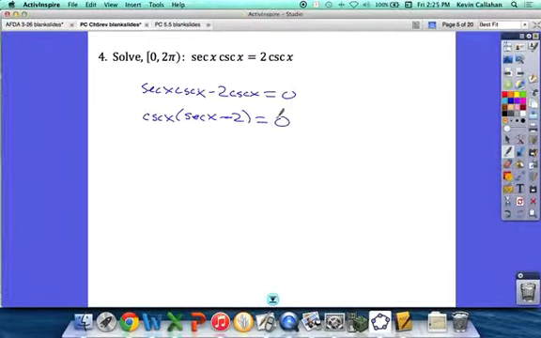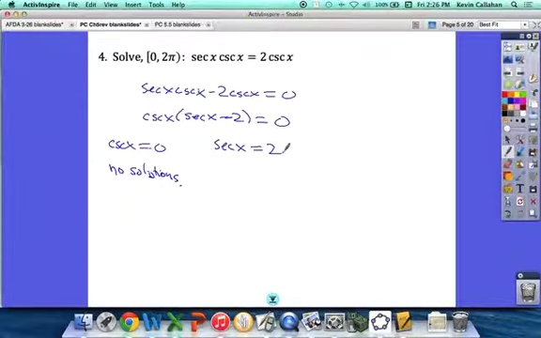Now at this point, if you apply the zero product property, you say cosecant of x equals 0, and then you say no solutions because there are none. This part, when you set it equal to 0, you get secant x equals 2. I'm showing what people did on this.